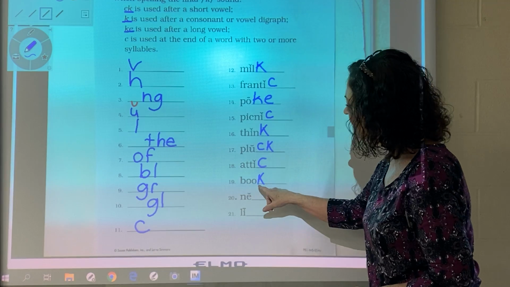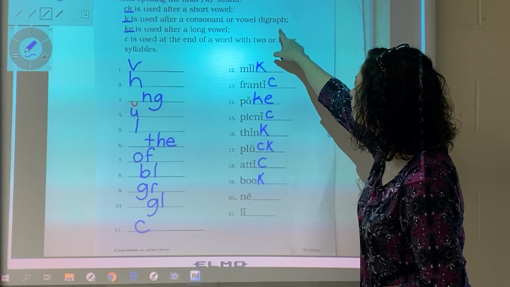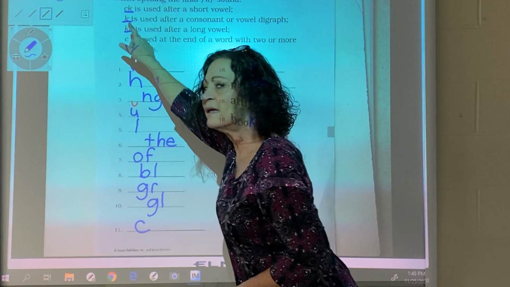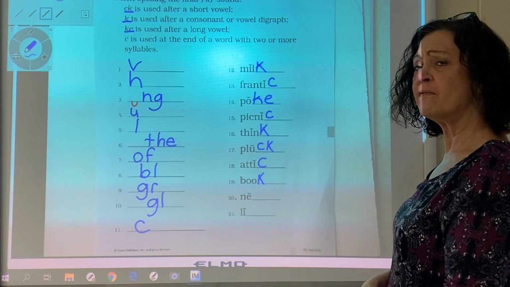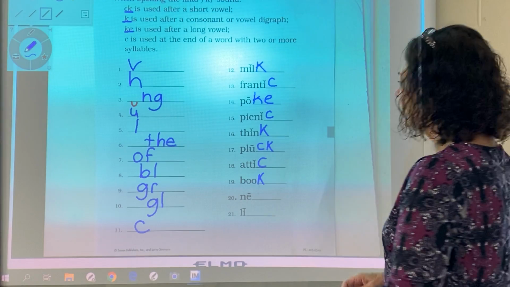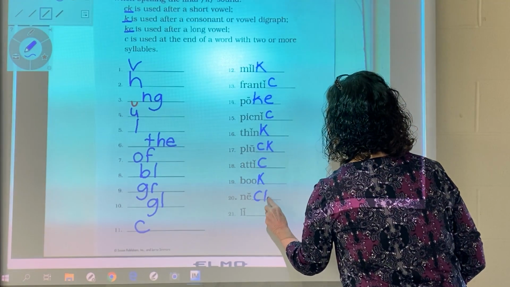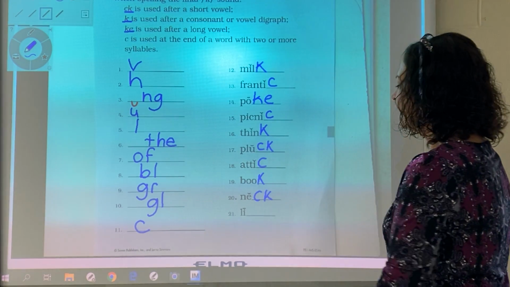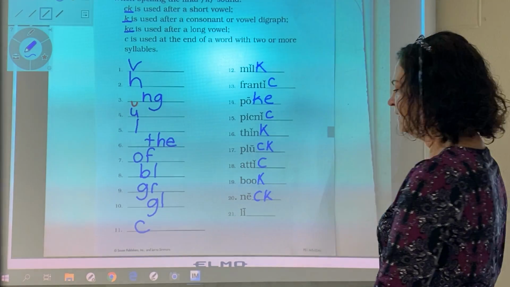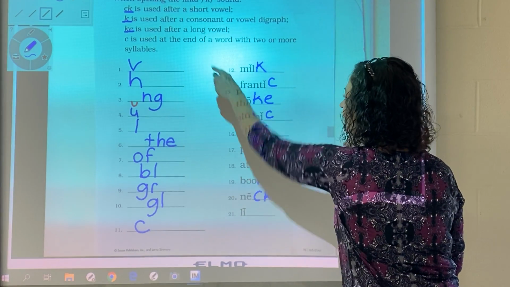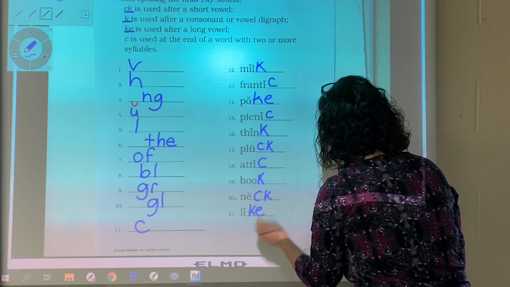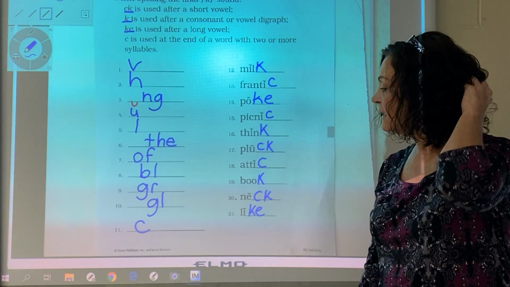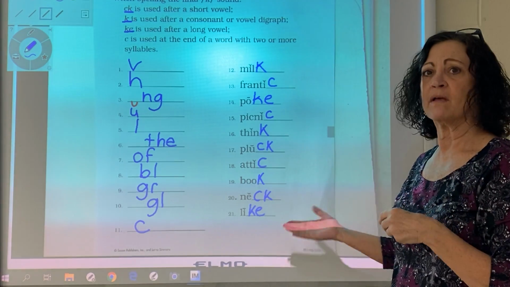But it does have a vowel digraph, and it says right here, vowel digraph, use a K. Okay. And then we have a short vowel word, neck. So I know I have to use the CK. And then I have like. There's a long vowel word, KE.